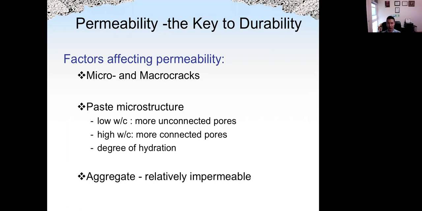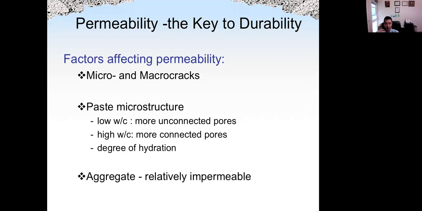If the concrete cracks because of that, then the permeability will be high. No good. If we increase the water cement ratio, the porosity will be higher, and the pores will be interconnected. So that will increase the permeability.